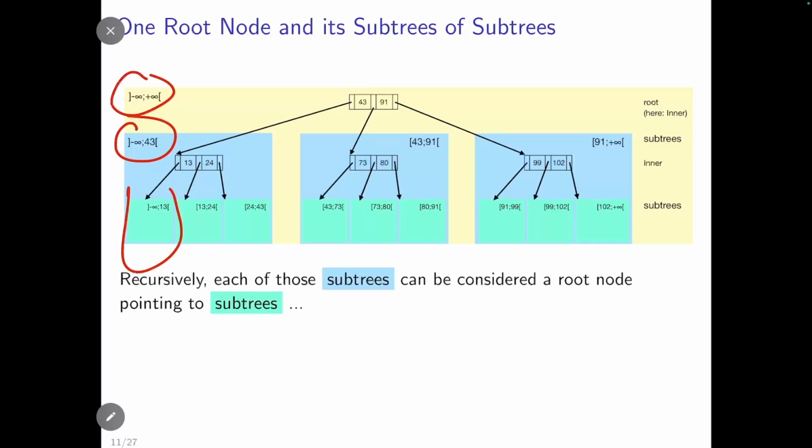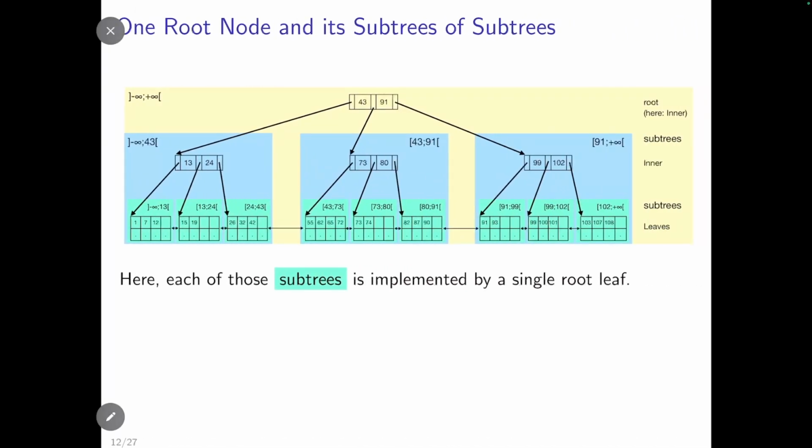And then in this subtree it's 43 including to 91 excluding. So those are half open intervals. An important property here is that all of these subtrees on the same level represent disjoint intervals. That makes sure that when querying the tree, you only have to run down one of the arrows, one of the subtrees. You don't want to run down multiple of these arrows. And that happens at all recursion levels.